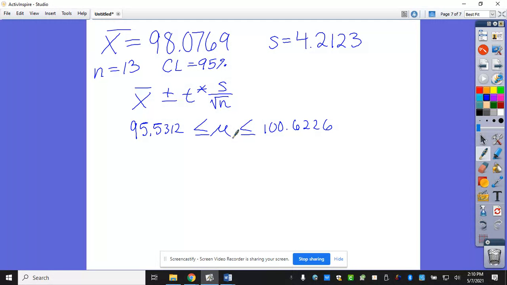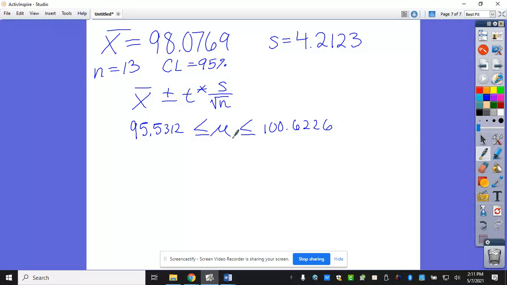Alright, so it asked me to make a confidence interval, but at the very end, it says the local association has something, do you think it is justified in this claim? Just that last sentence is making us think we're doing a what? A test. How can I run a test from a confidence interval?